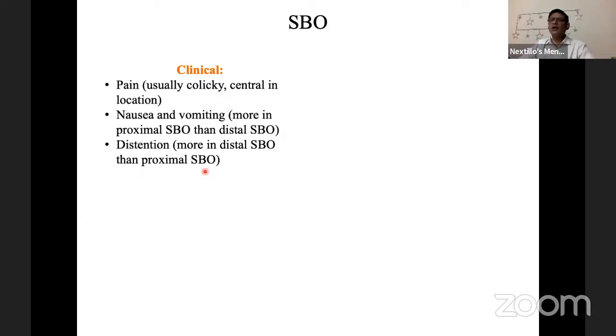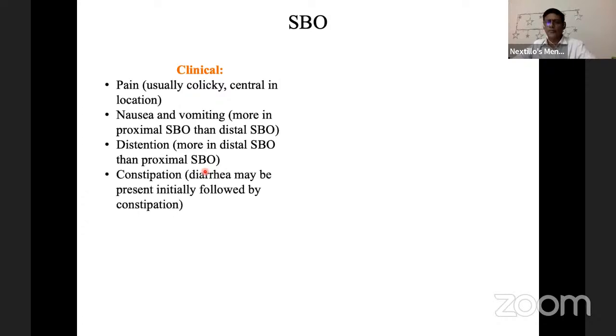Remember this as a rule: for nausea and vomiting, the more distal you go, the more it decreases. Especially so if the large bowel is involved, then nausea and vomiting are very late. Distension, on the other hand, the more distal we go, the more the distension is. And likewise, as an analogy, if the large bowel is obstructed, then the distension is going to be more.